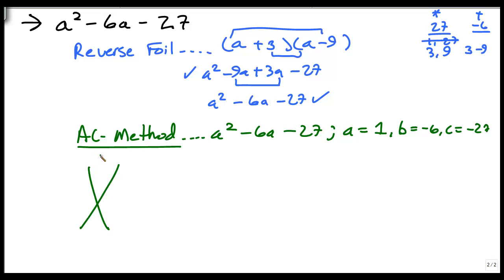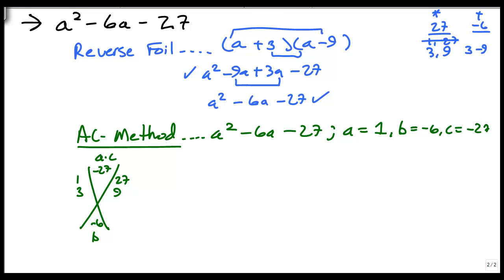So AC method. For the AC method, I have two numbers multiplied together, in this case a and c. So a times c would be 1 times -27, which would be -27, and then b down here would be -6. So again, I'm looking for two numbers multiplied together that give me -27. Let's just try, don't worry about the negative part. Really, the only options we have are 1 times 27 and 9 times 3.